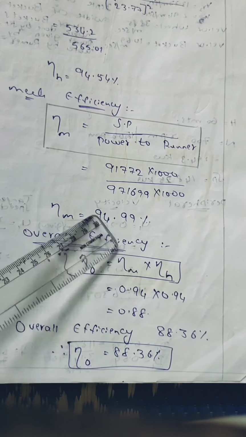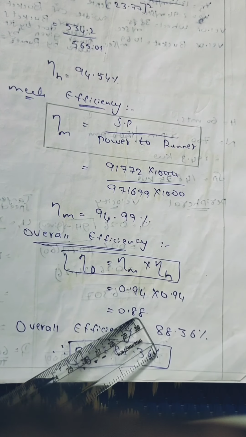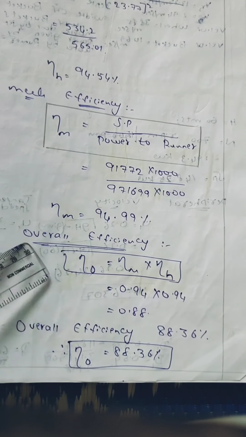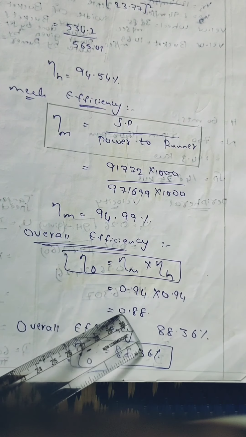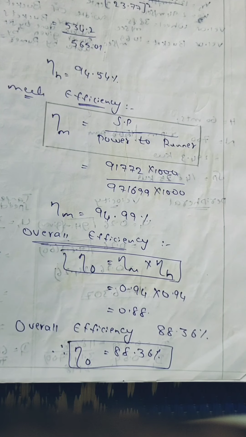Overall efficiency equals the product of mechanical and hydraulic efficiencies, which is 0.94 into 0.94, so eta naught equals 0.88, which is 88% overall efficiency. So the overall efficiency of the turbine is 88%.